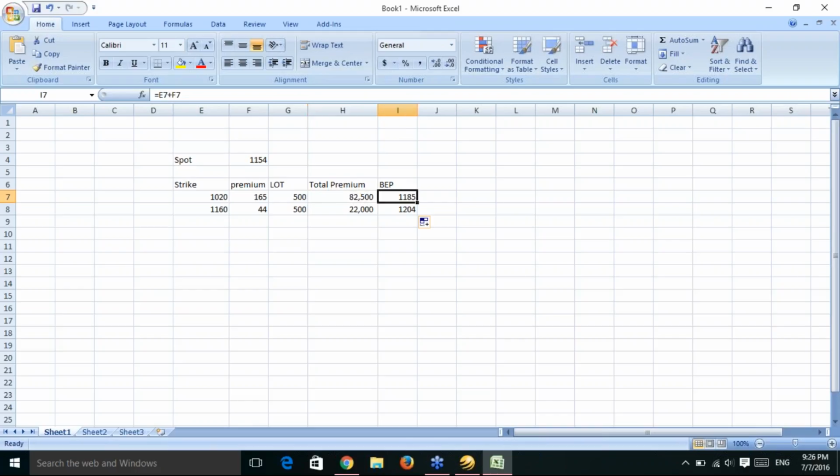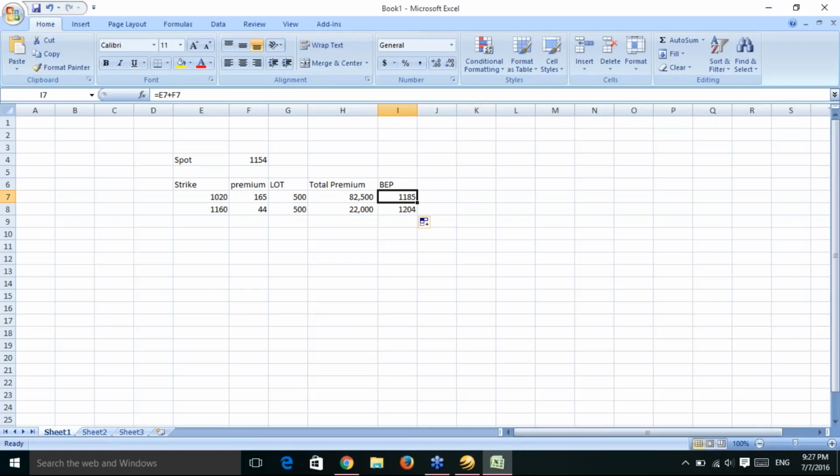Okay, so let's say price falls further below. Instead of going to 1185, it went down to 900. Even in that case, your maximum loss will be 82,500. So wherever the price will be, your losses will be limited to the amount of premium you paid, not more than that. Okay.